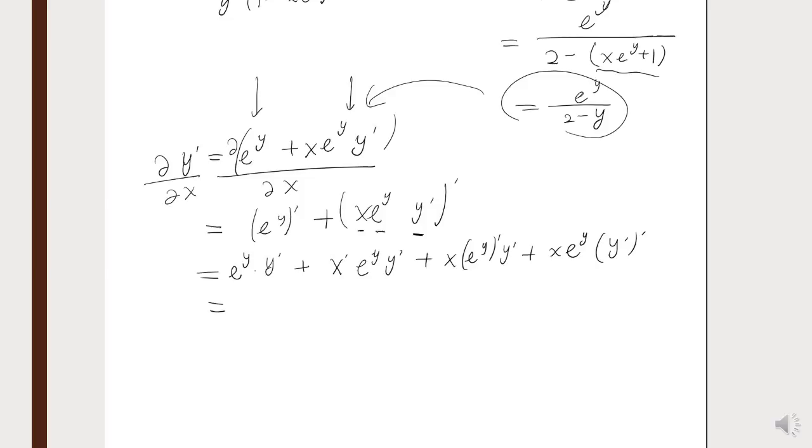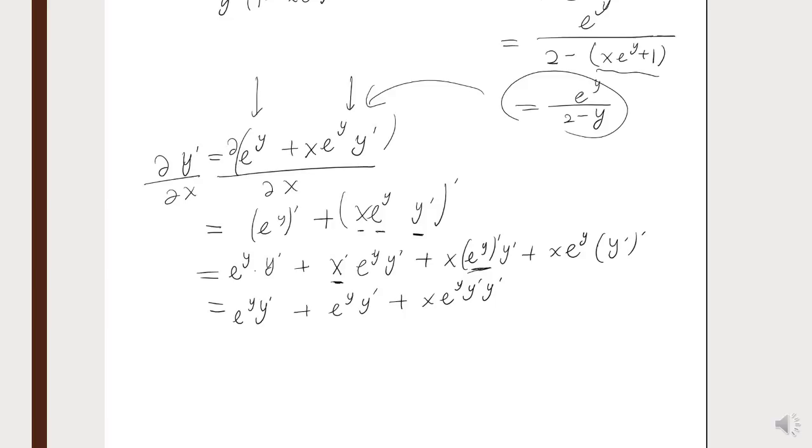Okay, so here, this one is very simple, right? We can just get rid of it. So we're going to have e to the y y prime. For this one, remember, this is still about the compound function's derivative. So we can have something like this.